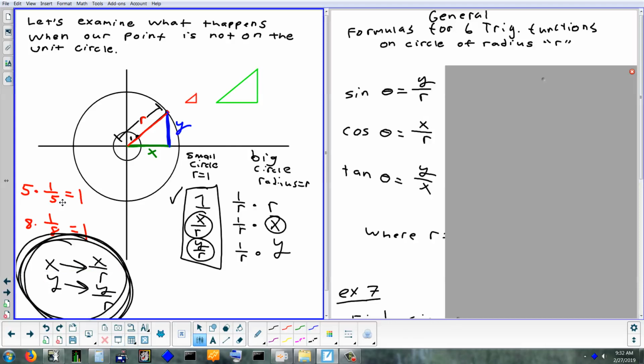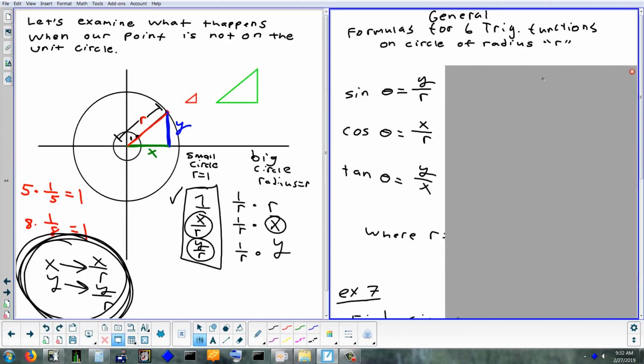And now tangent, what's the difference between the formula that I wrote for tangent here and the one we've been using all week?